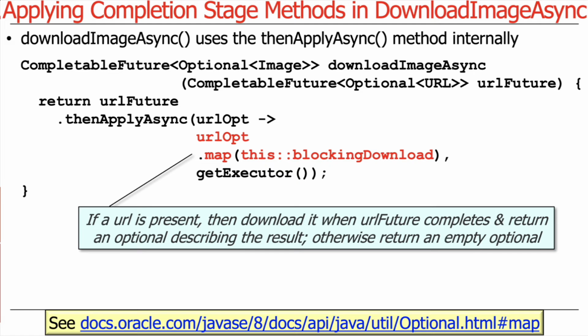So you can see what we do here is we're going to pass in the blocking download behavior, but this will only get called if the URL optional had a value, and it won't have a value if we'd already cached the image. So this is how we're percolating the optionals down through the call chain. So they only do something useful in the case where we had something that we needed to process. If map is not called, then we'll get back an empty optional to an image, which is exactly what we want.